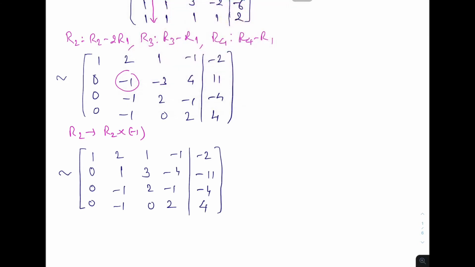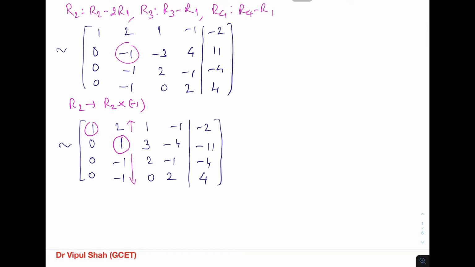So now we have this 1 as leading one. We need to convert this matrix into reduced row echelon form, so we need to make the entries below and above this leading one to be 0. So these two also should be made 0, and these two also made 0.